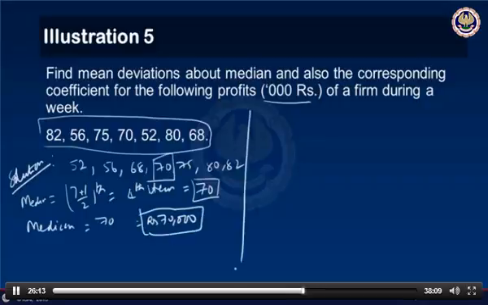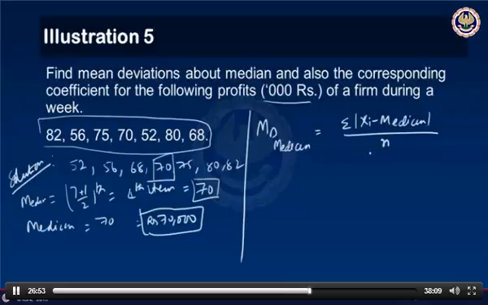Now coming to the computation of mean deviation about median. For the sake of simplicity, we are not using any thousands here. The mean deviation about median is summation of absolute value of xi minus median, divided by the number of observations, n, which is 7 here.